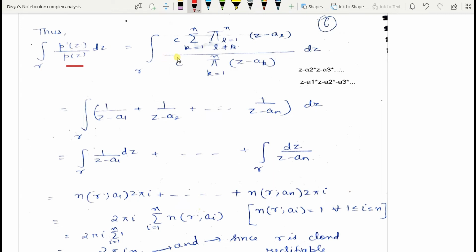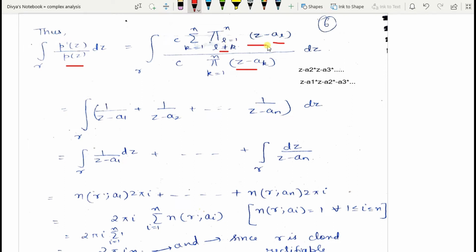Then that would imply, if we are finding this integration over gamma of p dash upon p, p dash is nothing but c times the summation of the product of z minus al, where l is from 1 to n, l not equal to k. And in the denominator p is nothing but c times the product of these n factors. So c and c cancel first.